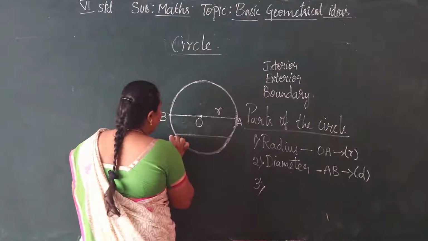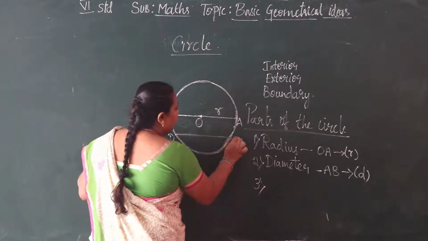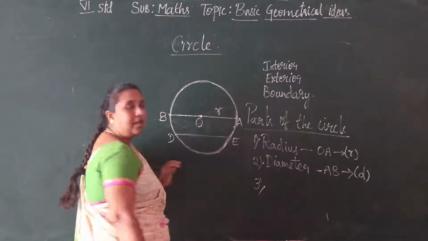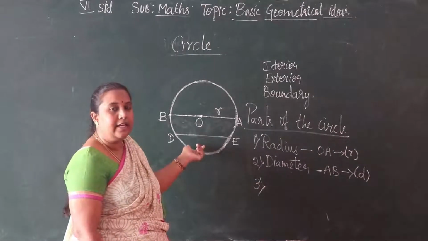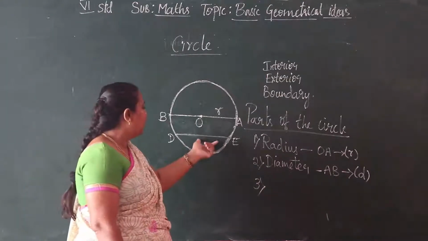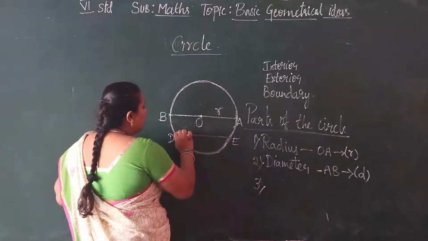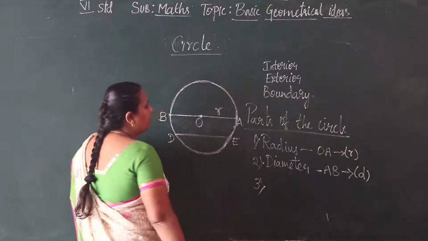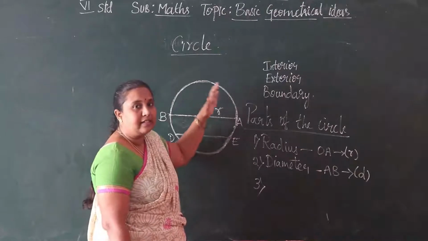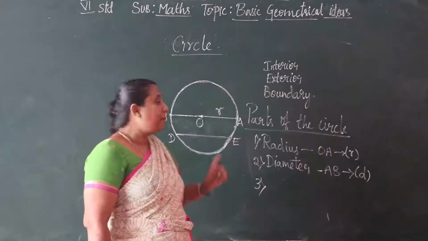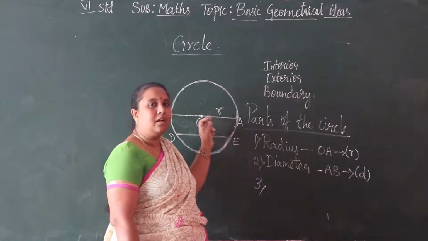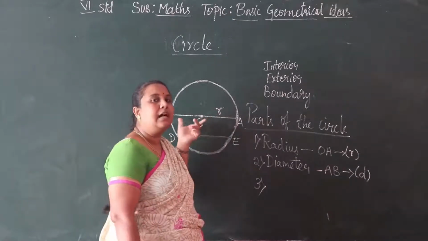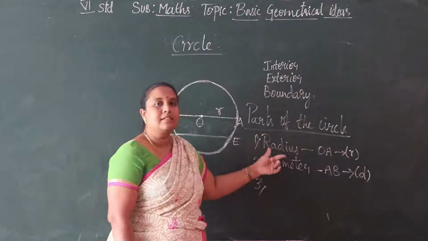Now we name it DE. So DE is the chord of the circle. Before this, let us move on to the sector. The parts of the circle so far are the center, the radius and then the diameter of the circle.